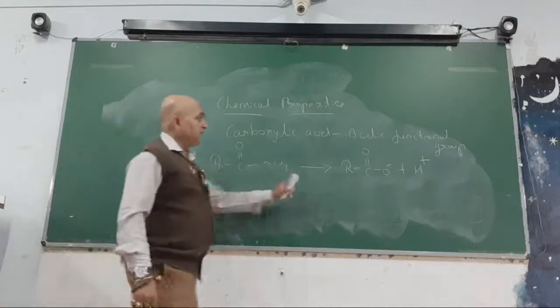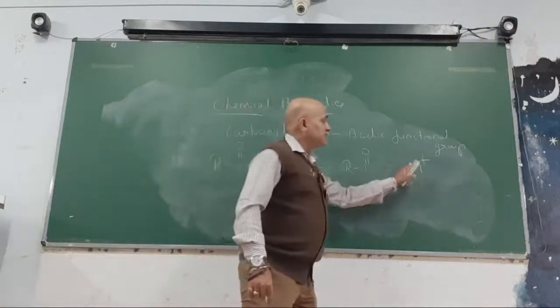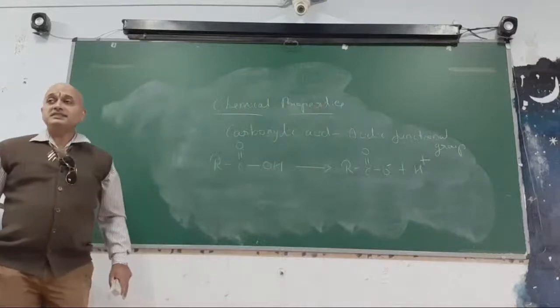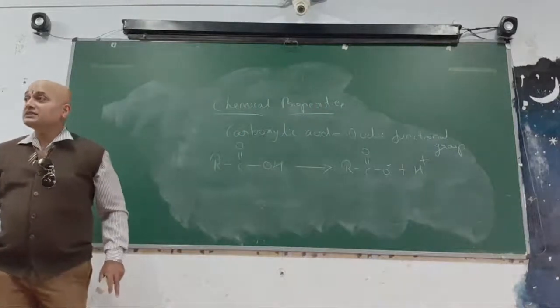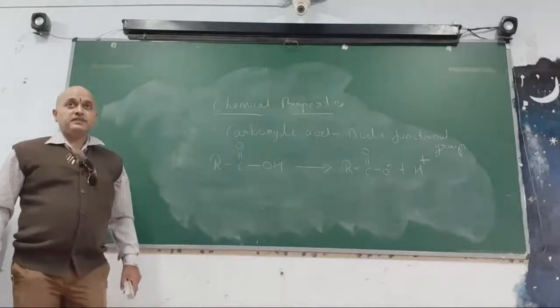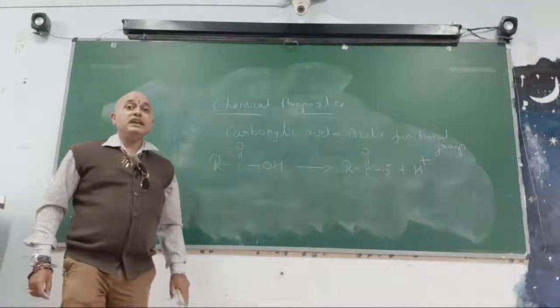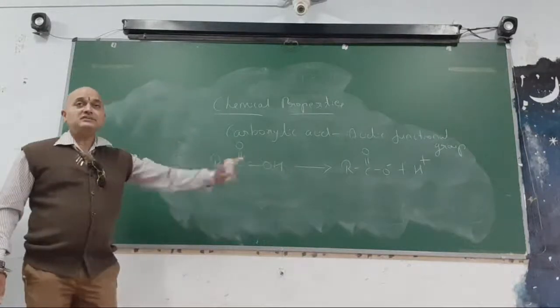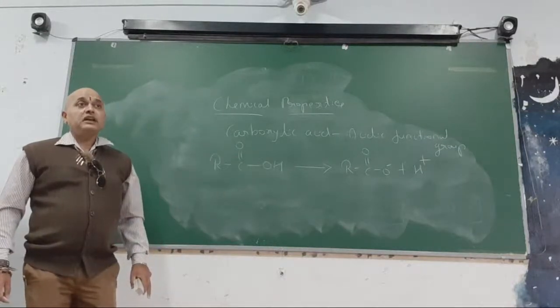So what is happening here? H plus it is releasing. That's where we have the acidic character of the carboxylic acids, because they have the ability to release the H plus.